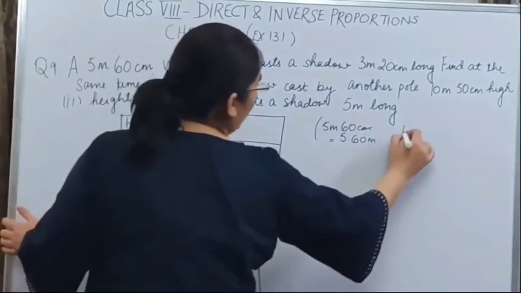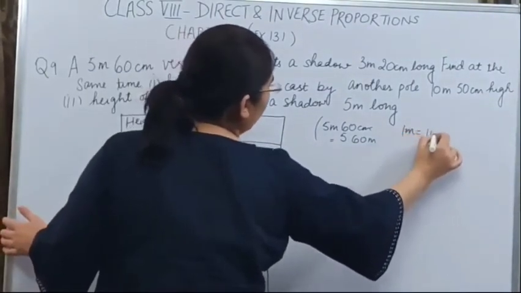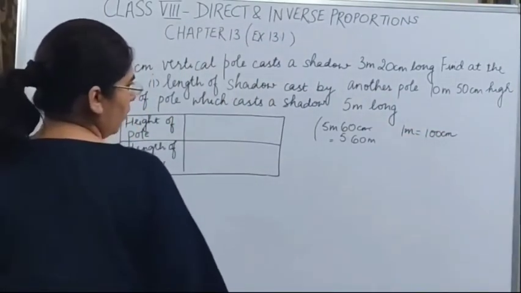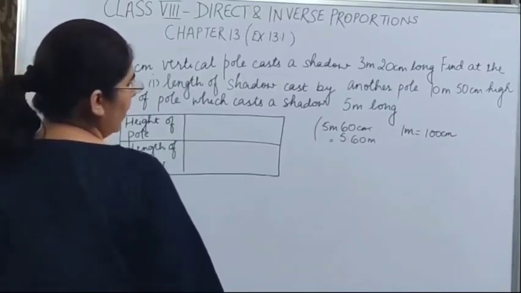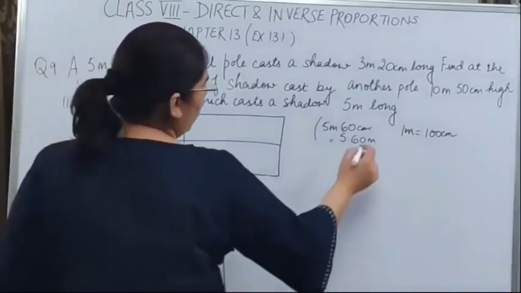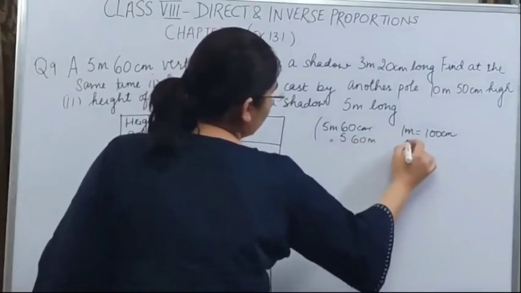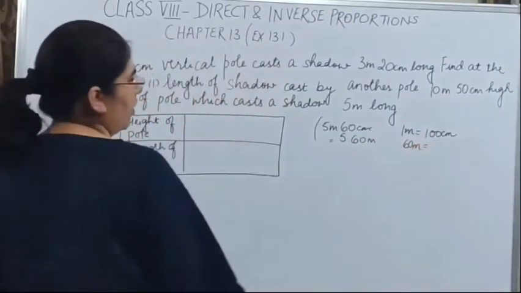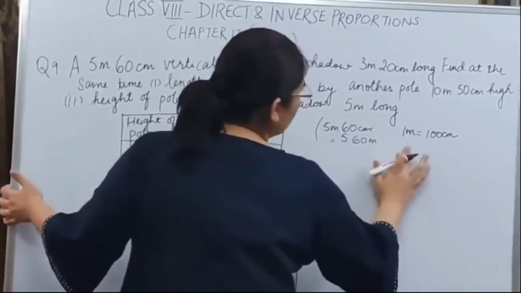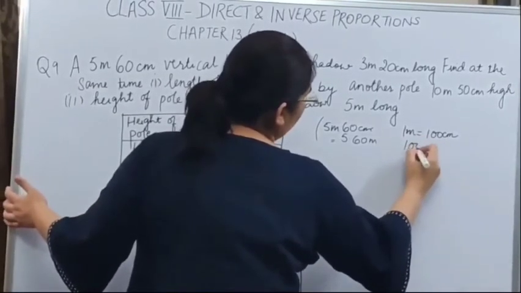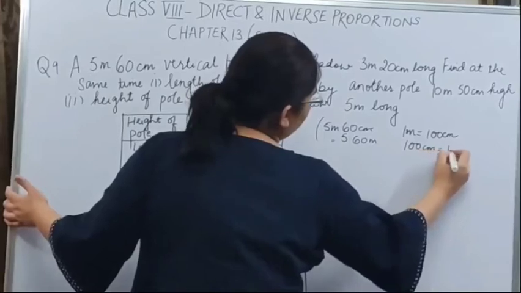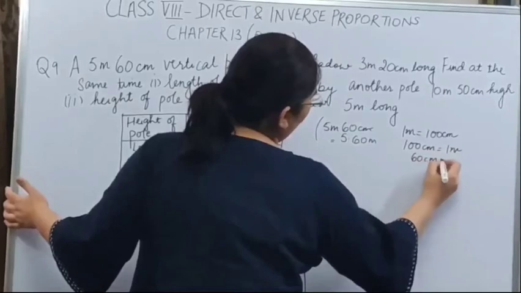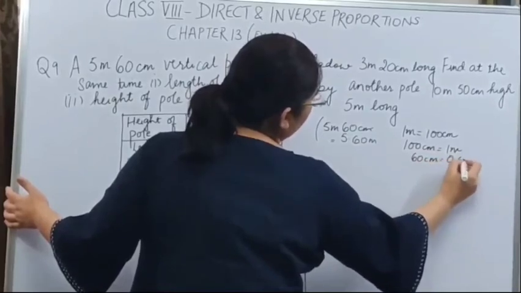We know 1 meter equals to 100 centimeters. So how much will 60 centimeter be? Since 100 centimeter equals to 1 meter, 60 centimeter is equal to 0.6 meters.